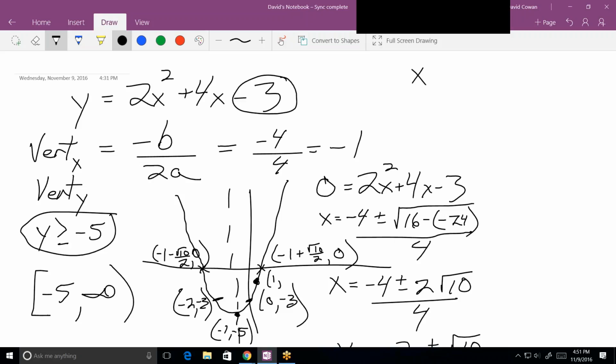So when x equals 1, y equals 3. And that's one point. And I also know that it's got to be symmetrical about that point. So this would have to be minus 1 and 3. I haven't graphed them on the correct side of the x-axis, but you get what we're doing.